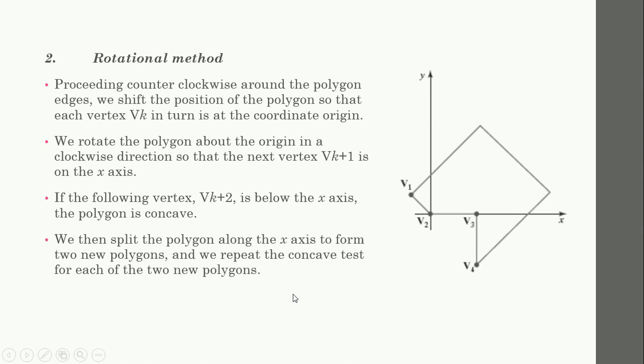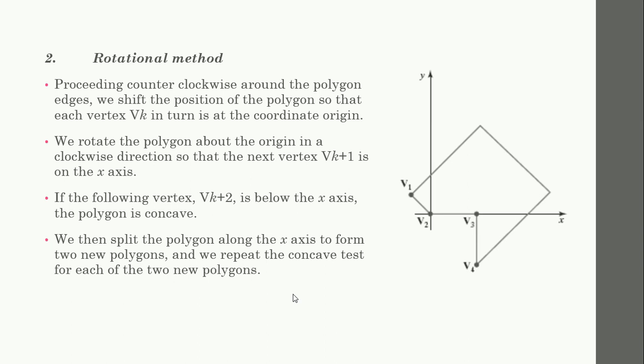In general, we have to shift the position of the polygon so that each vertex is at the origin. When you keep v1 at the origin, the angle of rotation may be different, and the polygon may be placed in a different way. I'll tell you how to place that on the origin with an example in the next slide.